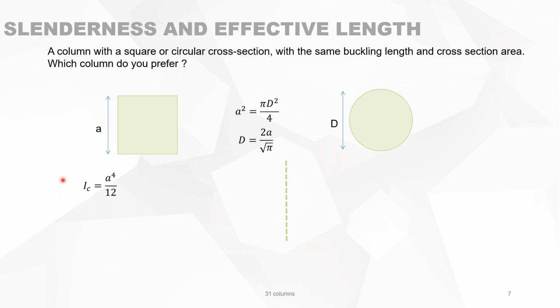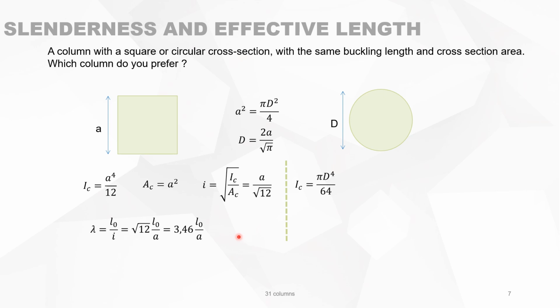Now we take the square cross section, we calculate the radius of gyration, and we obtain a divided by the square root of 12. We calculate the slenderness lambda 0, and we see that lambda 0 is 3.46 L0 divided by a. For the circle cross section, I is pi D to the power 4 divided by 64.